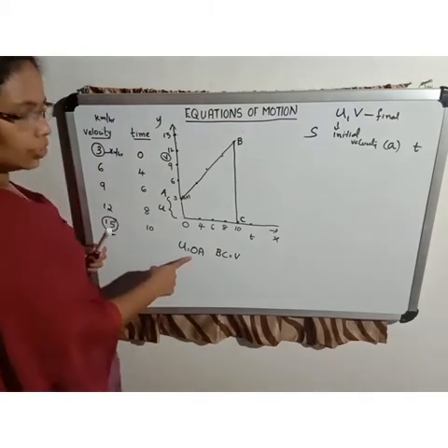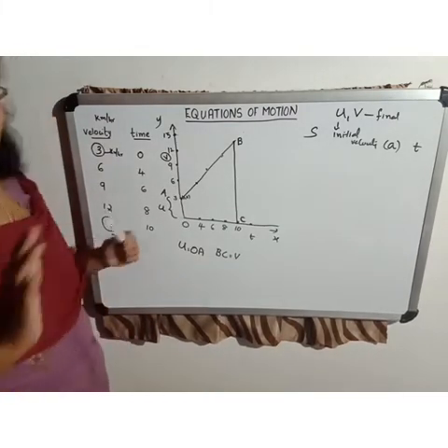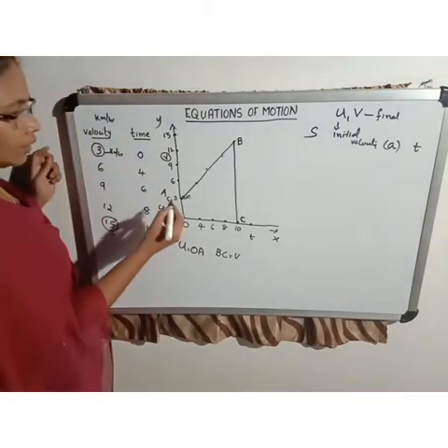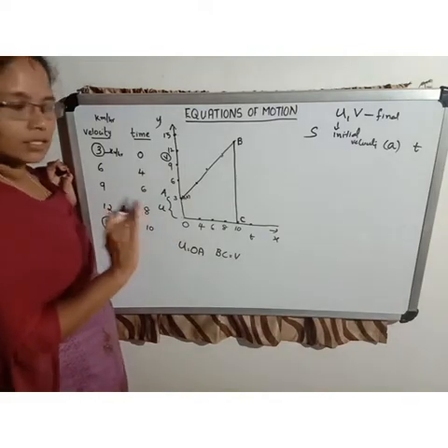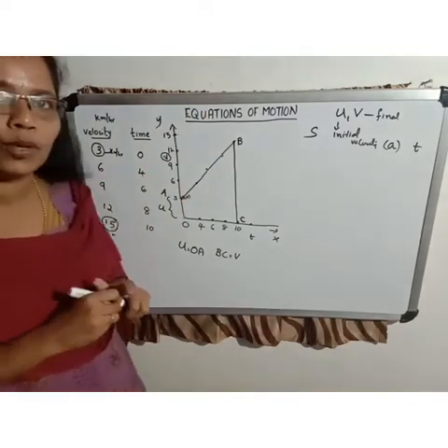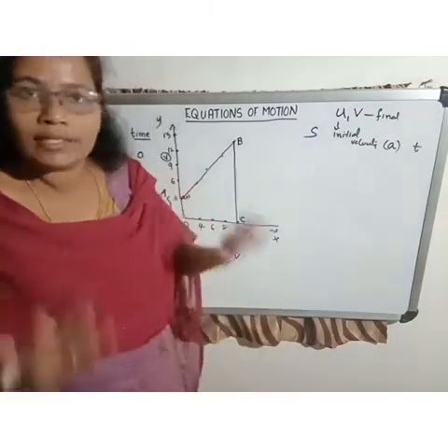So initial velocity we got, final velocity we got. I'm going to locate some of the points here. Just to derive the equation of motion, I want to get an equation connecting U, V, S, A and T. That is my aim.